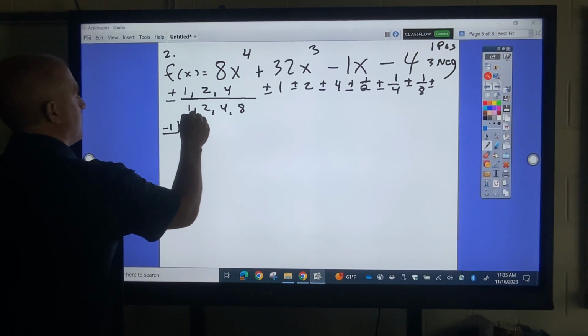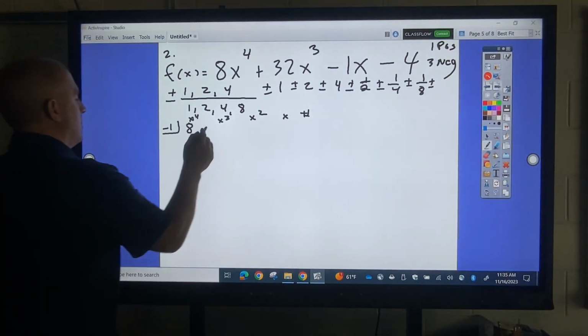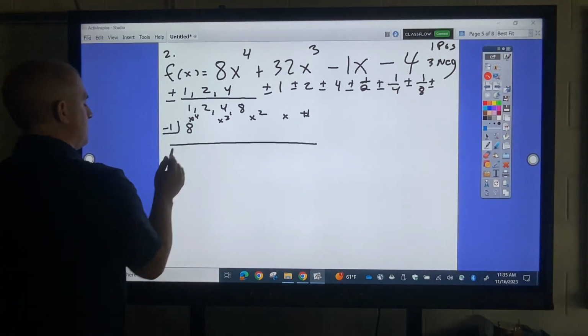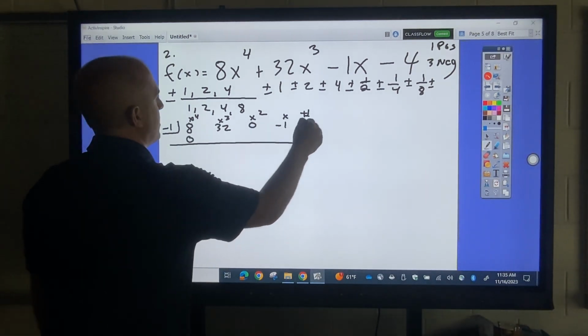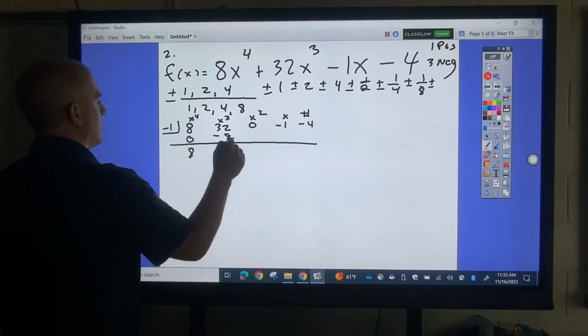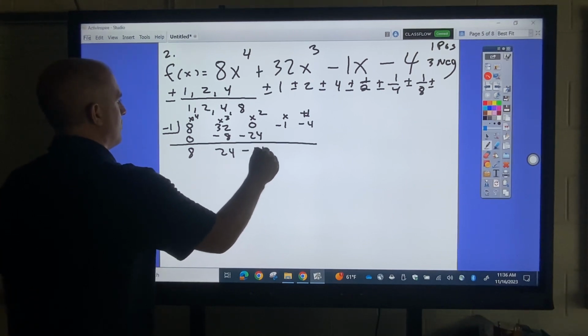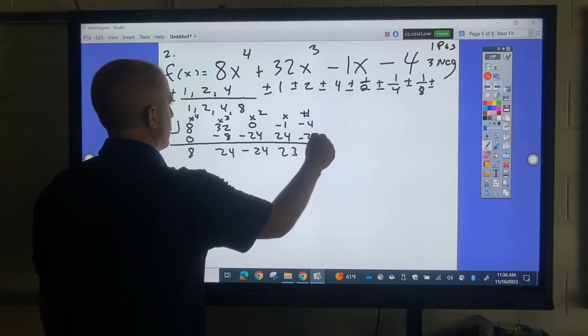So I got x to the 4th, x cubed, x squared, x, a number. So that's gonna be 32, 0, negative 1, negative 4. That's 8, negative 8, 24, negative 24, negative 24, 24, 23, negative 23, negative 27.